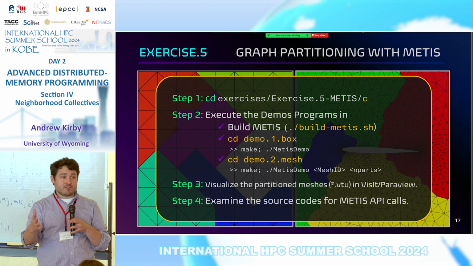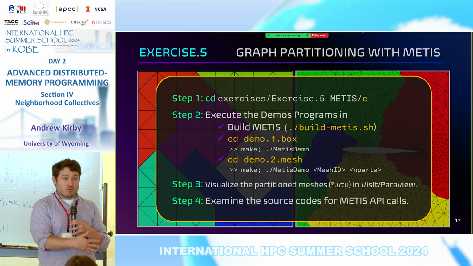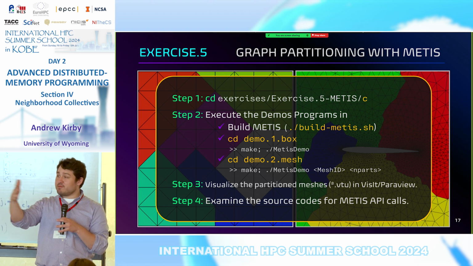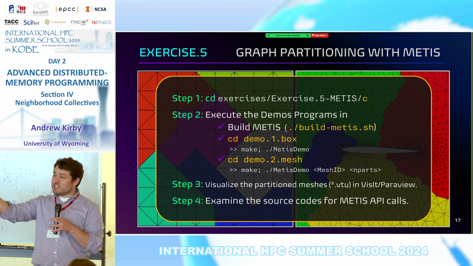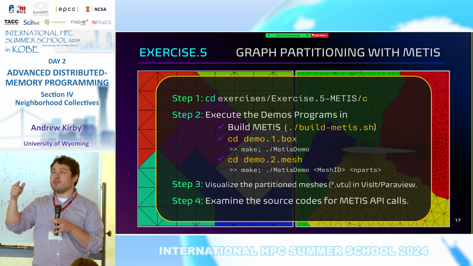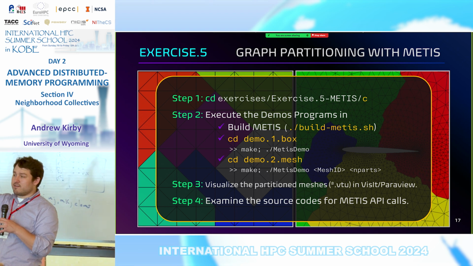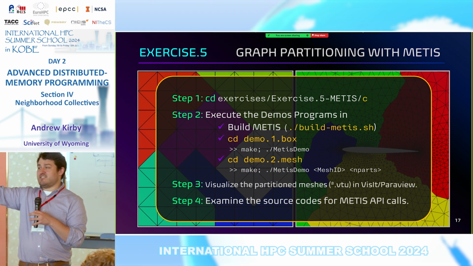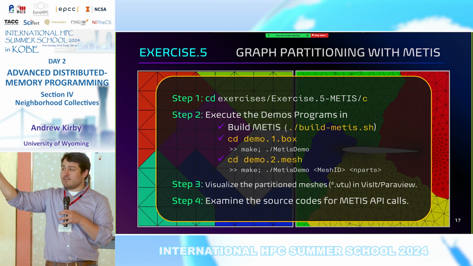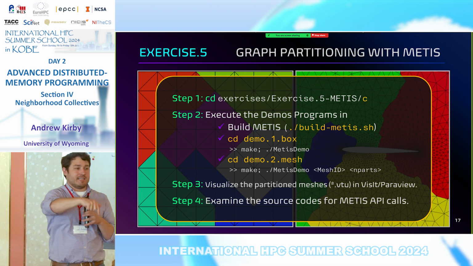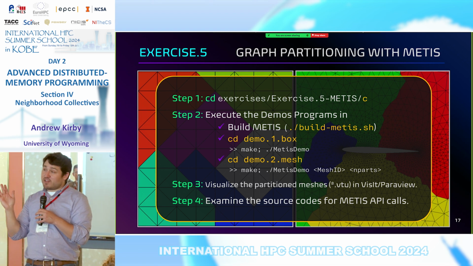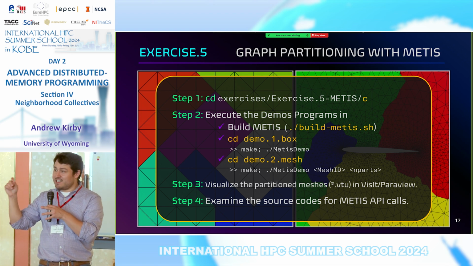If you're not even doing mesh stuff, it works on crazy graphs. You just put the connections in, build the adjacency matrices, feed it in, and it's going to spit out these partition vectors. So when you say this is node 1 or element 1, in the first index of the part vector, it's going to give you the rank ID number that you should assign to that node. And then you can visualize it, for example. Okay? So this should blindly apply if you have any graph-related problems. Okay?